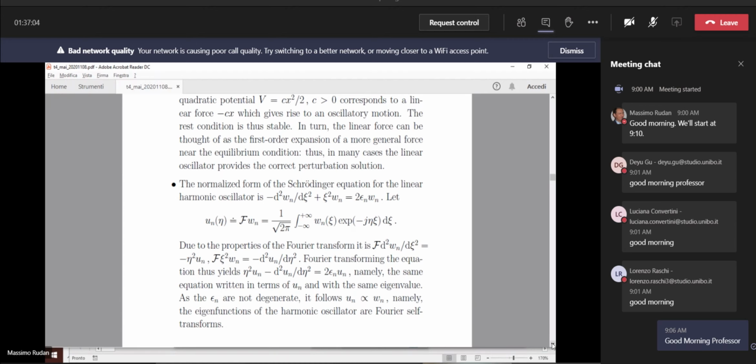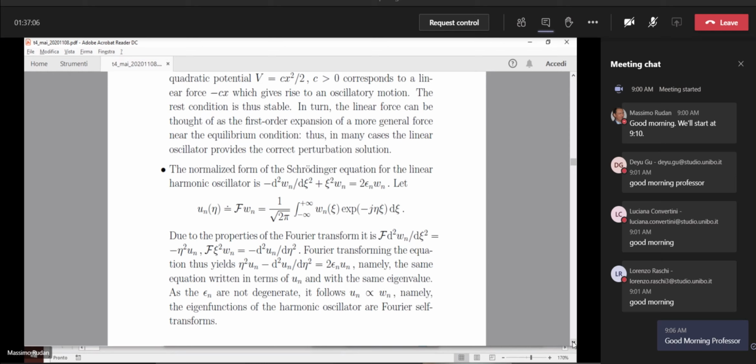At the same time, the Fourier transform of psi squared W is like minus the second derivative with respect to eta of the transformed function. Conclusion: if you take the Fourier transform of the Schrödinger equation for the linear harmonic oscillator, you find an equation.